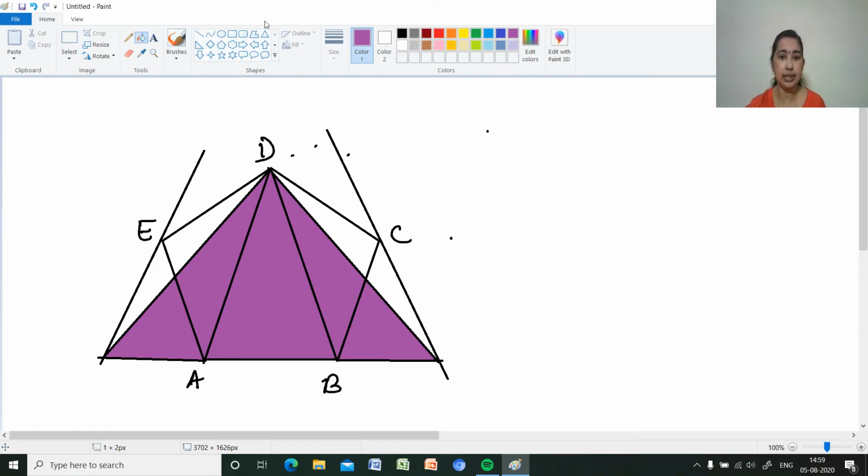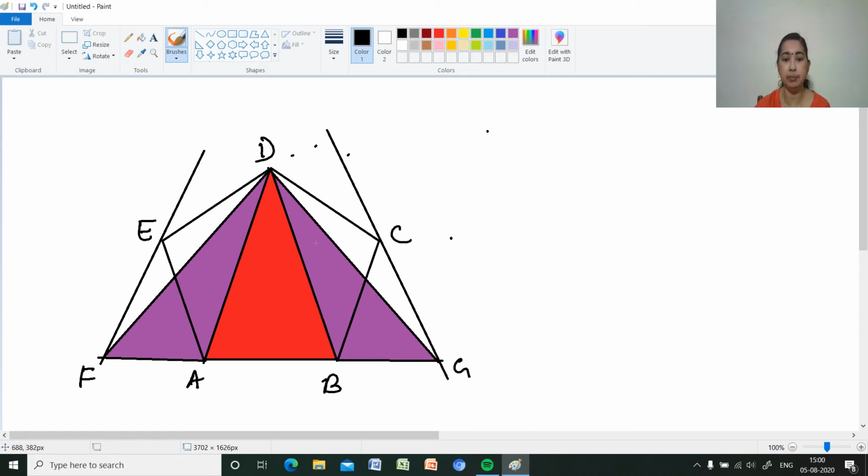See, if I mark this region as red, we have drawn parallels for AD at E and for BD at C. Let me mark a point F and let this be G. The line EF is parallel to AD, and the triangles between them are AFD and AED. In the same way, the line CG is parallel to BD, and the triangles between them are BGD and BCD.